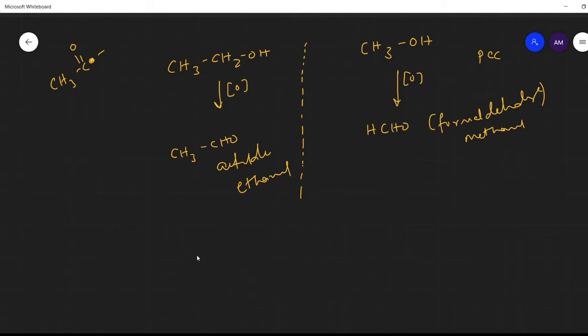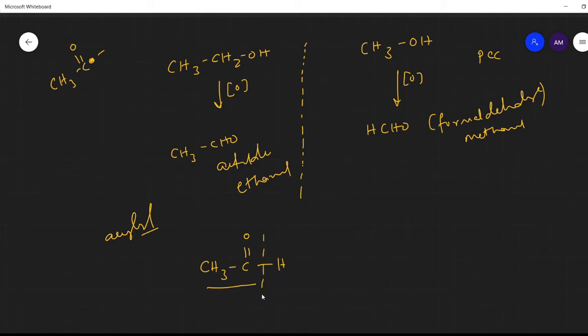If you draw the structures of these two aldehydes, you see a CH3CO group, which is called the acetyl group, attached to hydrogen.